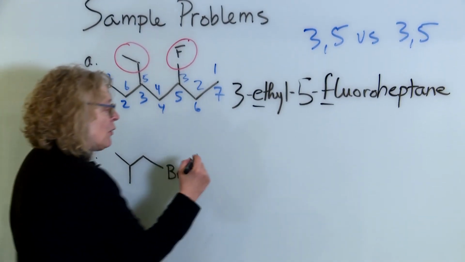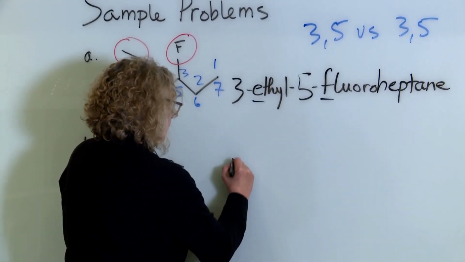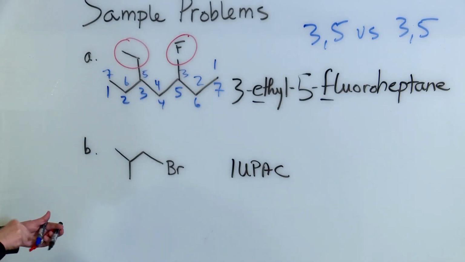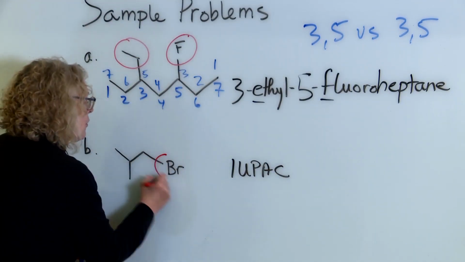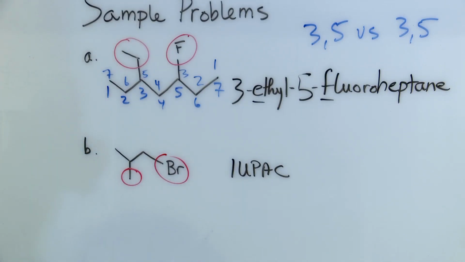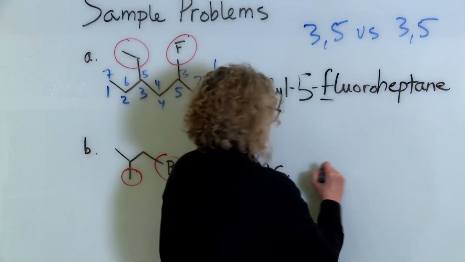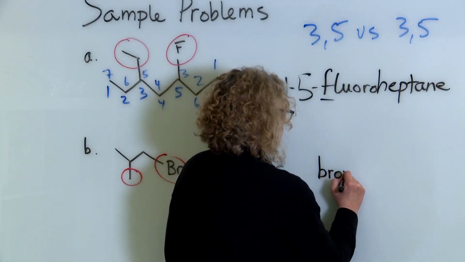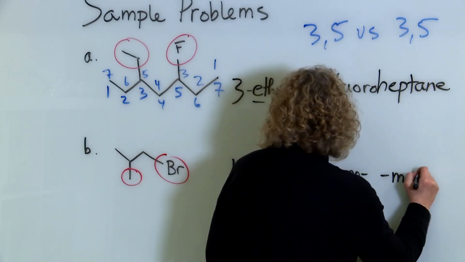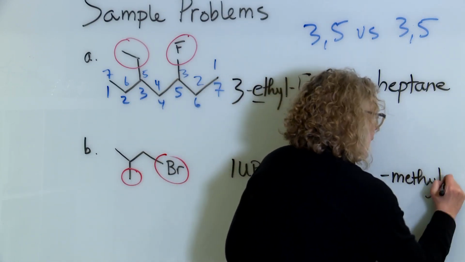The second compound is a simple alkyl halide. We can name it using IUPAC nomenclature. There's 2 substituents, the bromo and the methyl group. So this is going to be a bromo, methyl, propane.